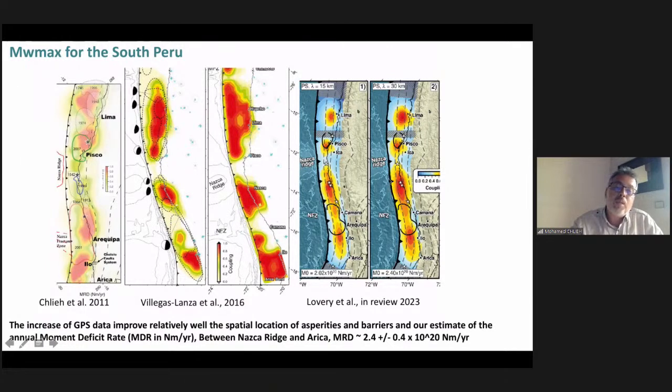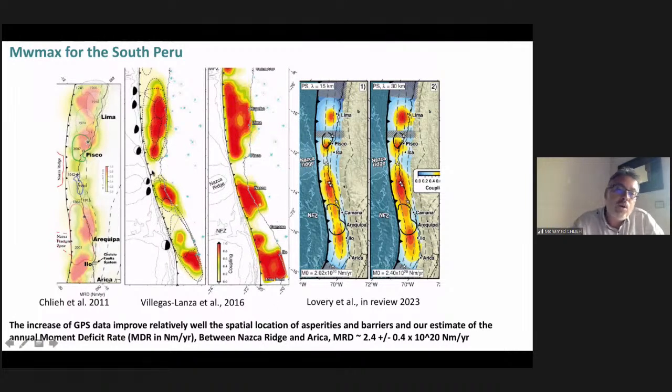But even if the spatial pattern can slightly change from one model to the other, one thing that remains relatively stable is the moment deficit rate associated with these different models. And very often we propose a minimum moment deficit rate and a maximum one, with potentially more coupling near the trench, to not exclude this extreme case because we have low resolution in this area.